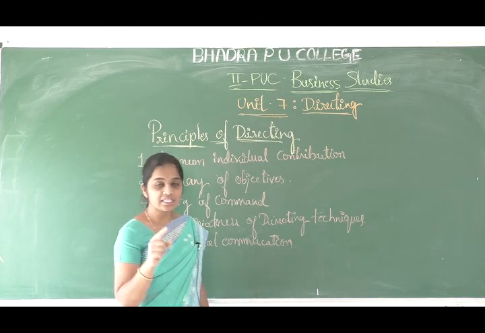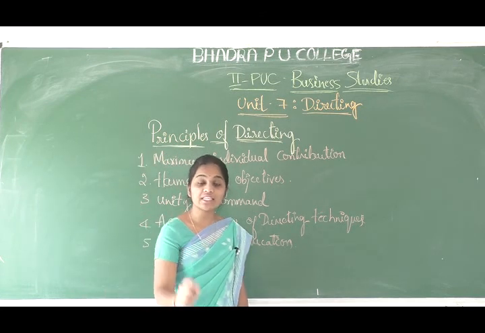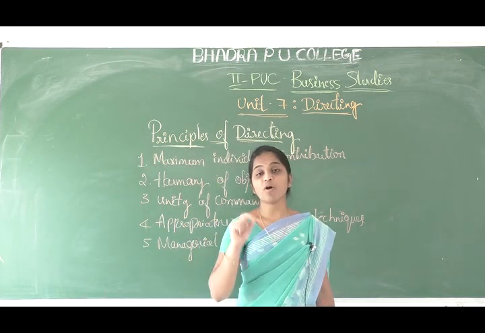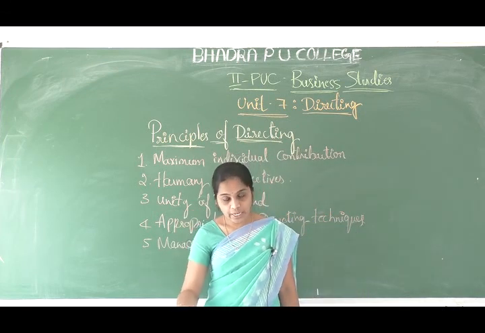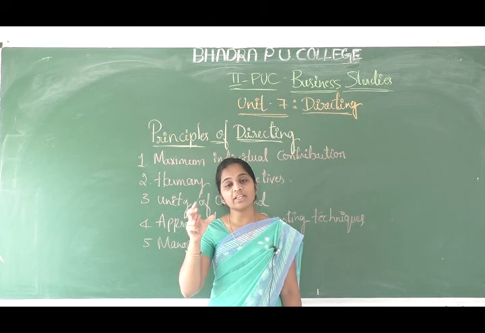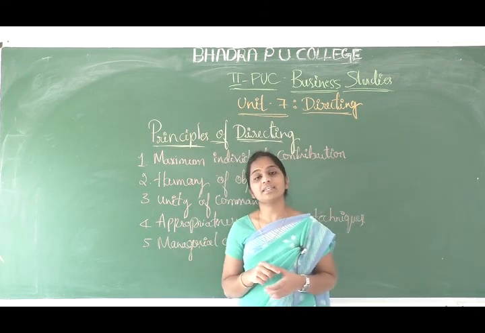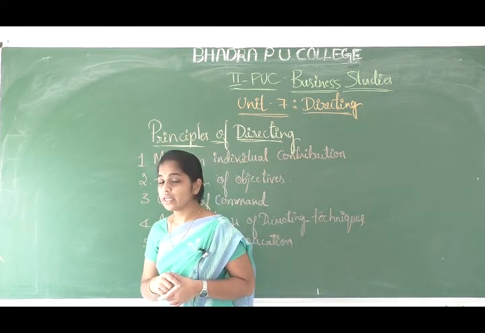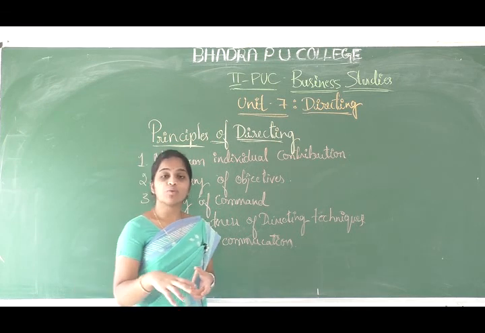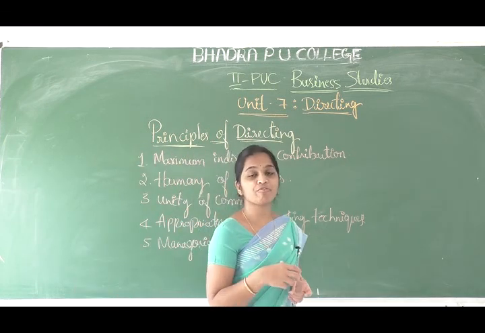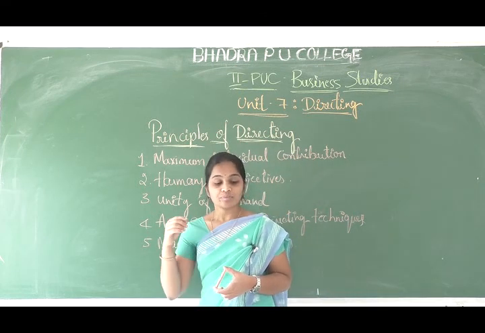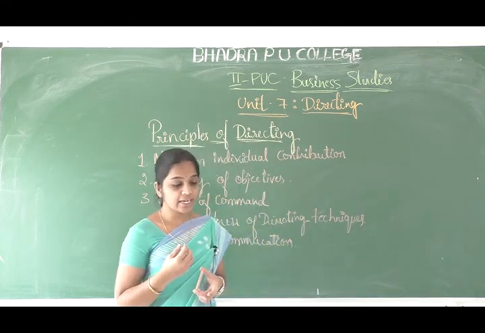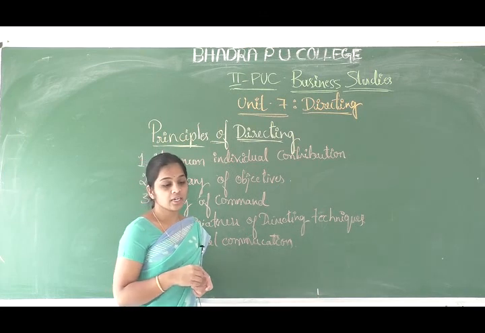Okay, and as a manager he should convey clear information or instructions to the subordinates. Okay, and all that information should be understood by the subordinates. Also, through getting some feedback, the manager is going to ensure that the subordinate understands his instructions clearly.